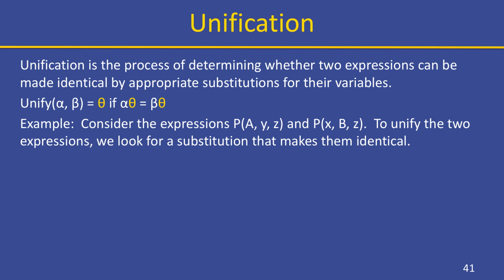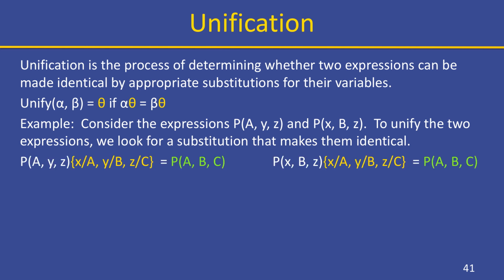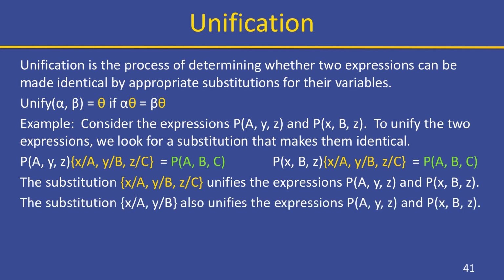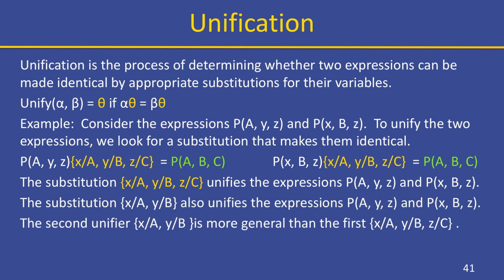So let's consider the expressions P of A, Y, Z and P of X, B, Z. To unify these two expressions, we look for a substitution that makes them identical. So you can see that if I replace X with A and Y with B, I get a unifier. I can also replace Z with C, and I also get a unifier.